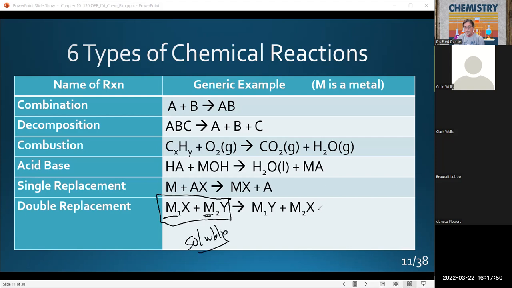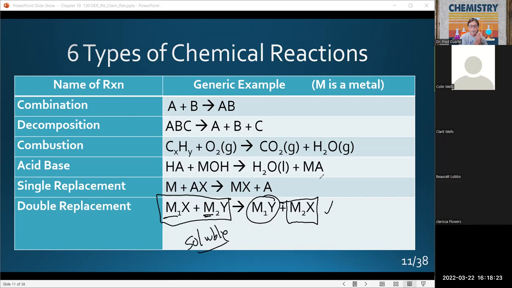If there's a positive reaction, notice that the partners exchange: metal 1 now becomes metal 1 with Y, and metal 2 with Y now becomes metal 2 with X. So they exchange the anions. Depending on the solubility rules on the periodic table, if one of these is insoluble, then you get a positive reaction. If both of the products are soluble, then you get no reaction.